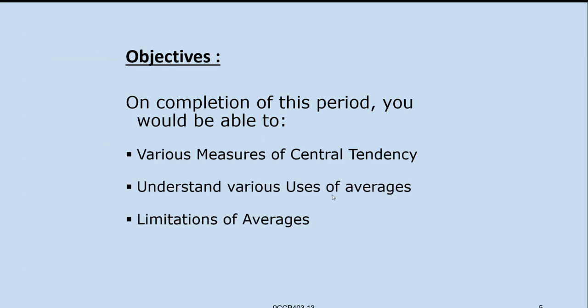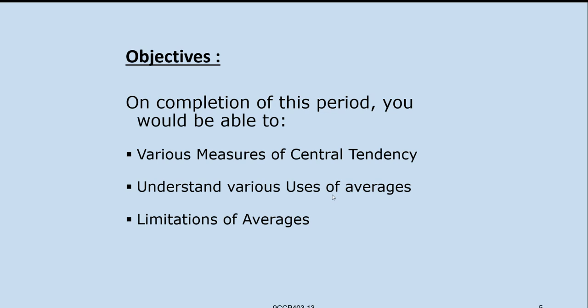Now we will move on to the second unit of our syllabus. In the second unit and third unit, as we have seen in the introduction class of the statistics, the second and third unit deal with measures of central tendency. What is measures of central tendency? What are the measures of central tendency? What are the averages?